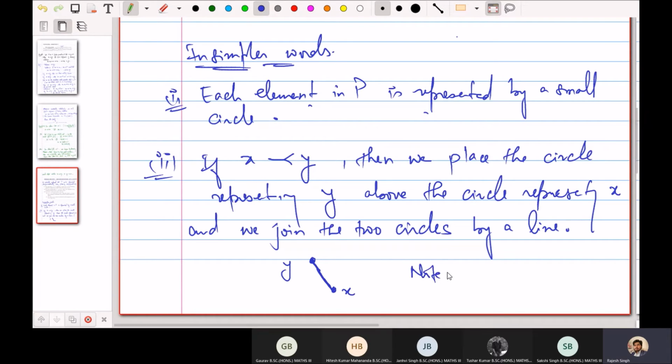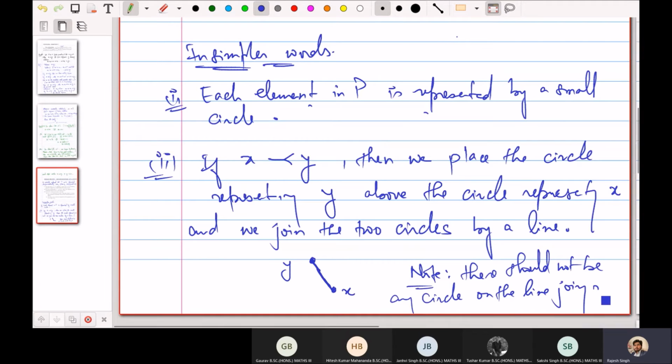So this you can note, there should not be any circle on the line joining x and y. So these 3 points you have to remember to draw a poset. Okay, is it fine?